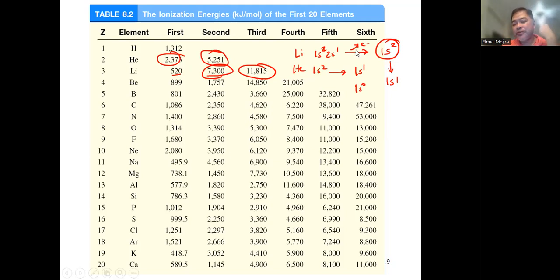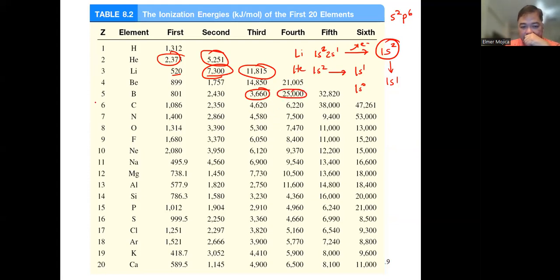So when you are removing an electron from an atom that has the same configuration as that of a noble gas, like s2p6, you're going to need a lot of energy. See this? 3,660, and then the next one is 25,000.